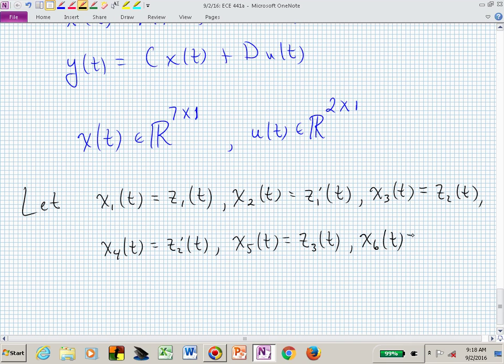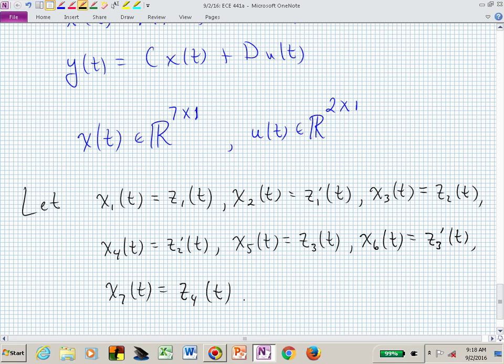X sub 6 of t is now the velocity of mass 3. And finally, let's say x sub 7 is the position of point 4 that was between mass 1 and mass 2, in between spring 2 and one of the dash pots, whichever dash pot that was, dash pot 2.